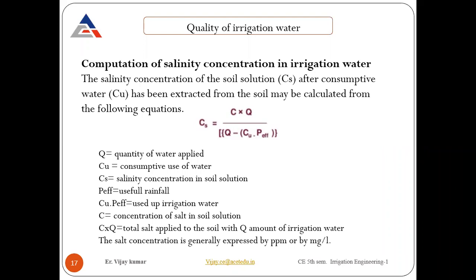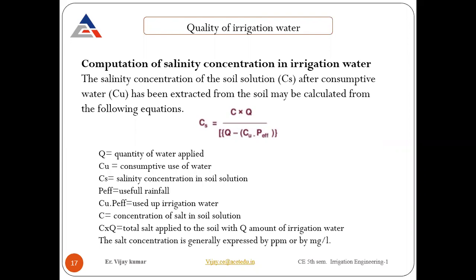C_s is the salinity concentration in the soil solution. How much salt concentration is there in the water? वो कितना है, that we need to find out. P effective is the useful rainfall; we need to find how much rainfall there was other than the irrigation water.